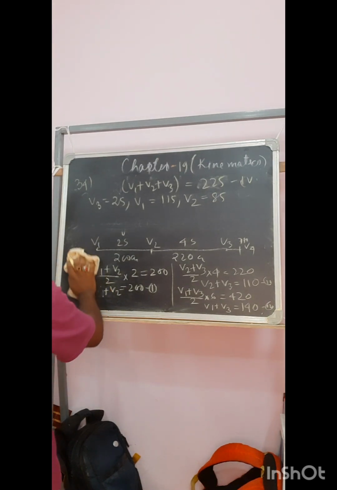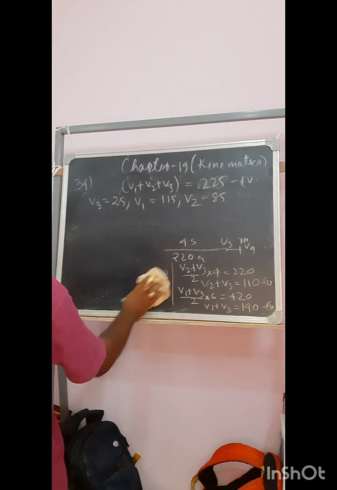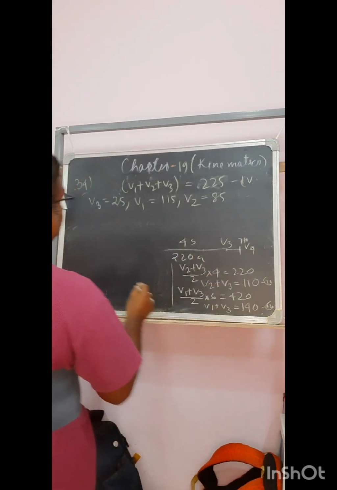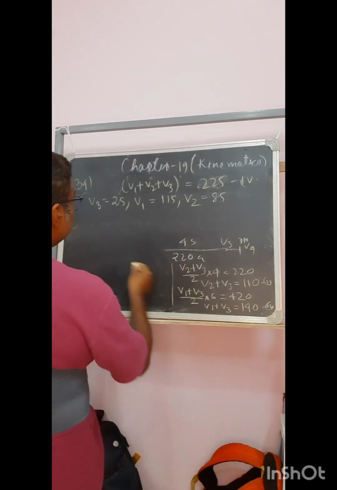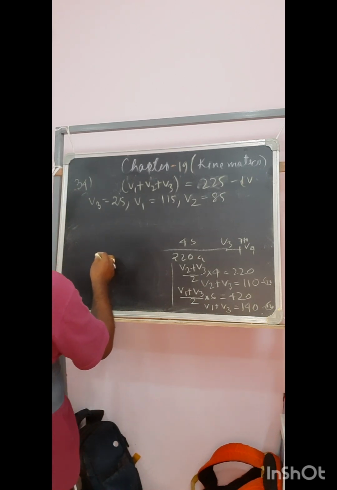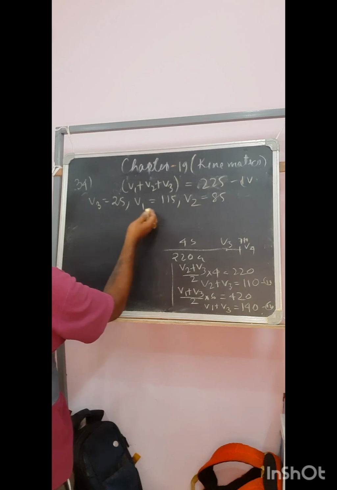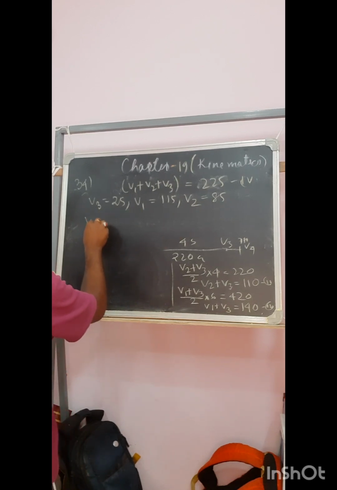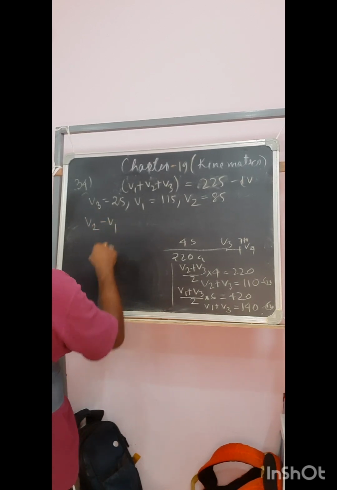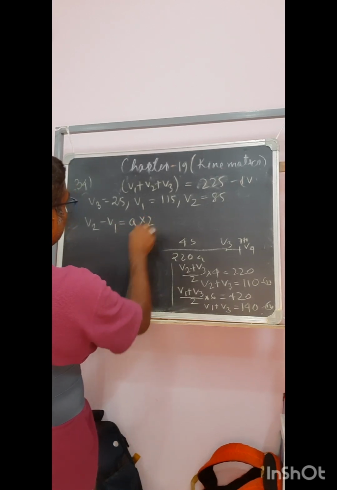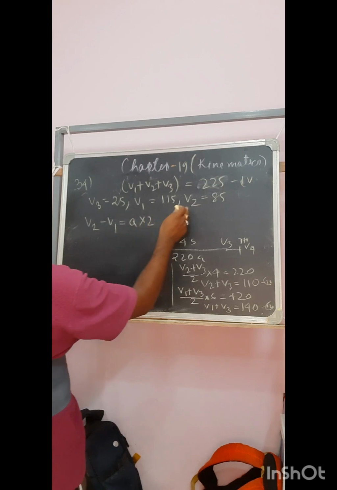Then I need to calculate v4. So first thing I have to calculate is the acceleration for that. Any of these two can be used to calculate: v2 minus v1 is equal to a into t, with t equal to 2. Here v2 is 85 and v1 is 115, so 85 minus 115 is equal to 2a.